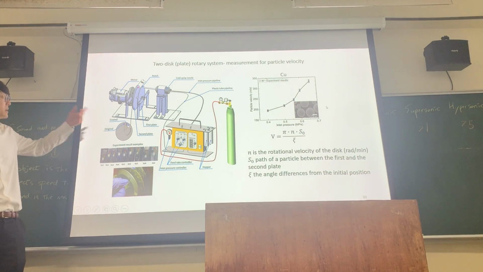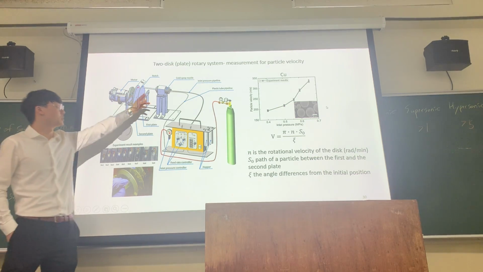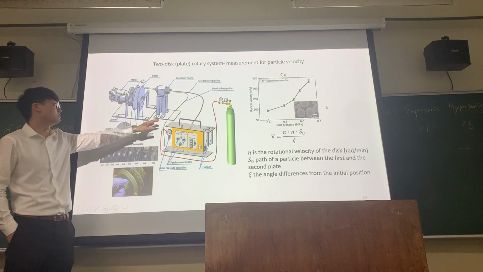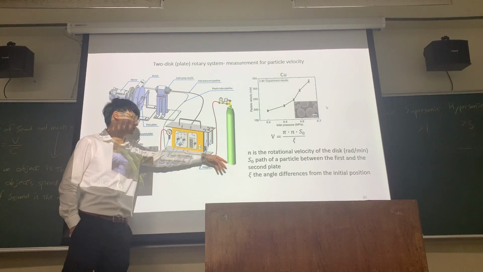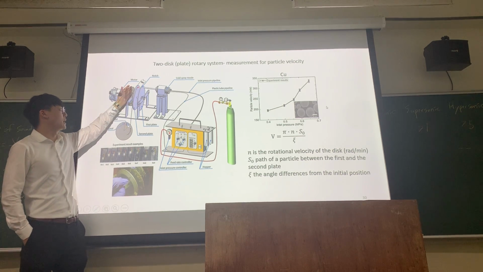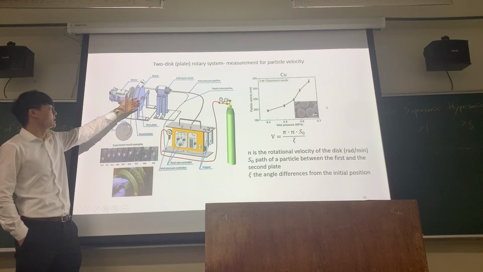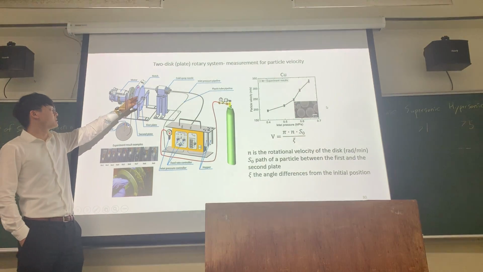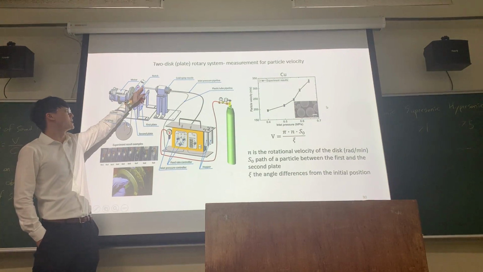So this is the mechanism: this is a cold spray nozzle in the machine, the console where you control the temperature and pressure, and then you have the cylinder, right? So what it does is you have a particle shooting into a tube plate that's attached onto a motor, right? And on the first plate there is a notch over here.